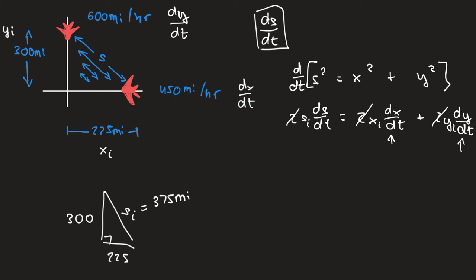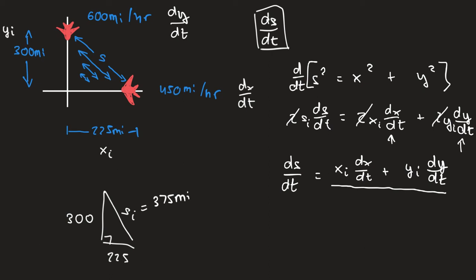And all we need to do is divide both sides of the equation by s initial, and we would have ds over dt is equal to x initial dx over dt plus y initial dy over dt, all of it divided by s initial.